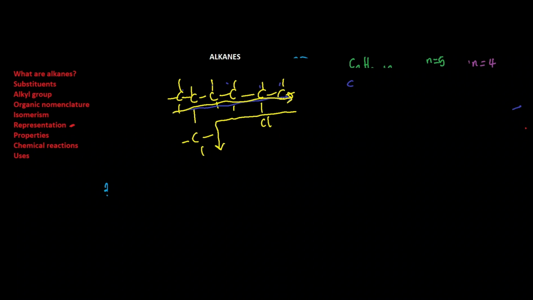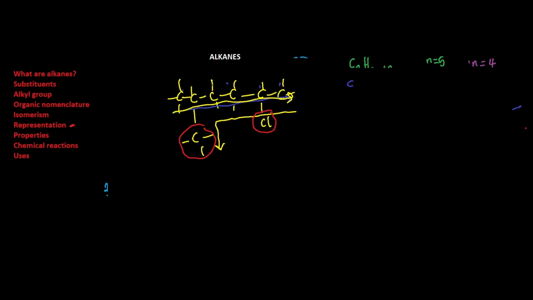So considering that to be the longest carbon chain, we have here a substituent in the form of an alkyl group, which is methyl, and we have a substituent here which is chlorine.